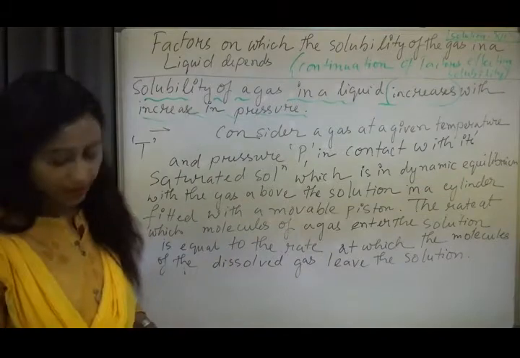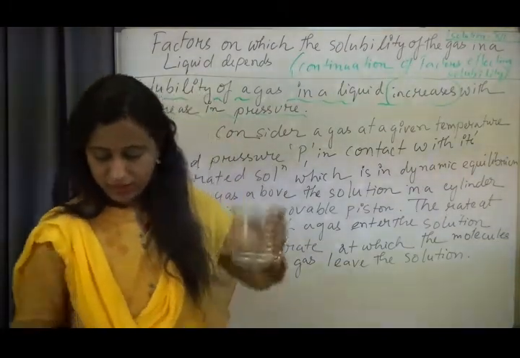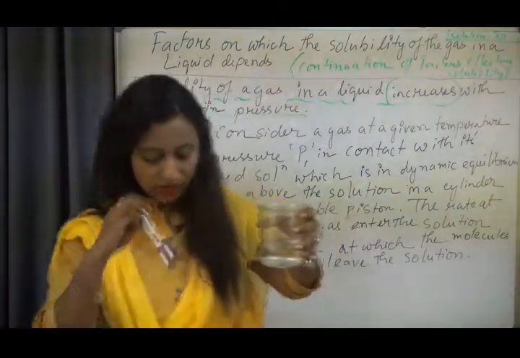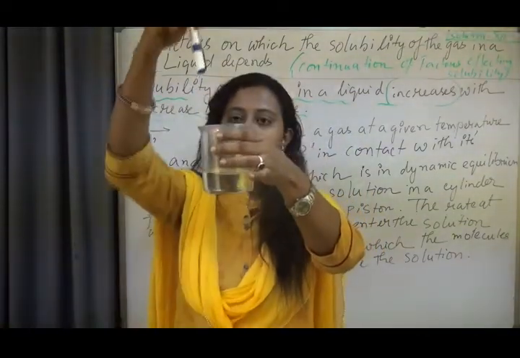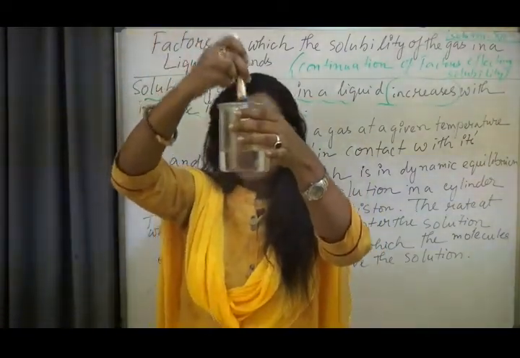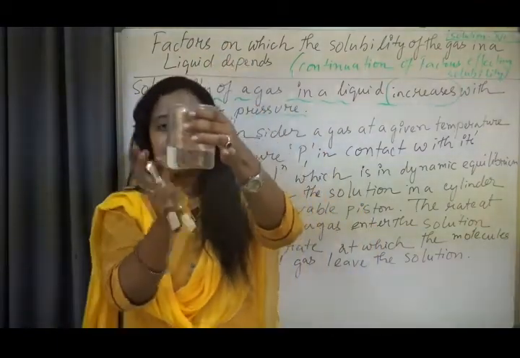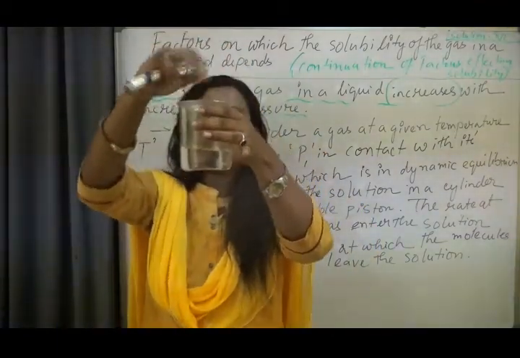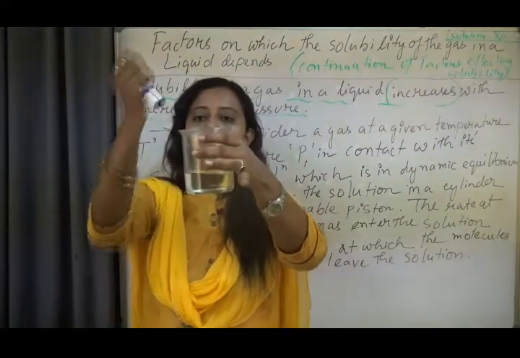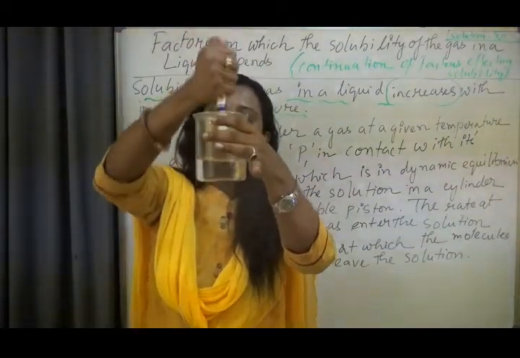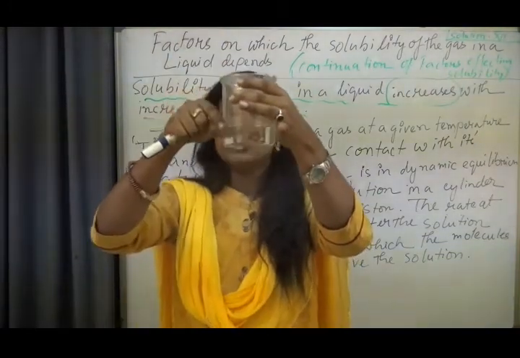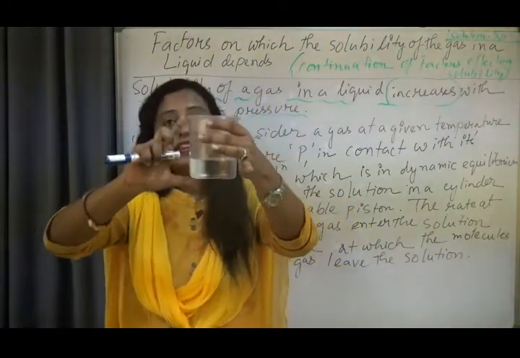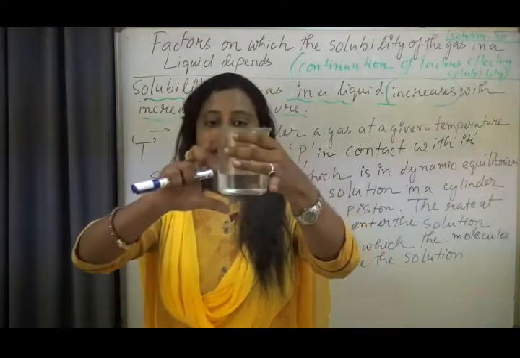Suppose I don't have a piston, so let us assume that this is a beaker. So I am applying a piston onto the gas. Suppose a gas is there above the surface. I have to apply a movable piston, so that this piston can apply pressure on the gas present in the beaker or the vessel.